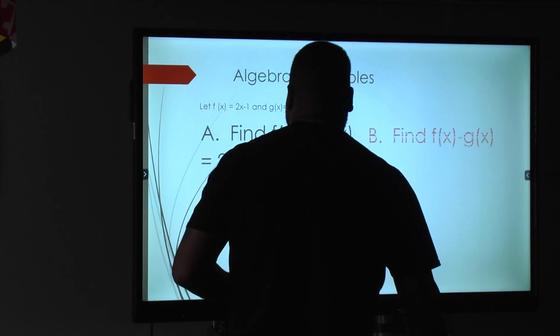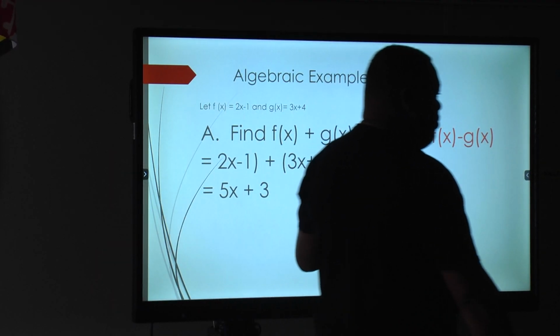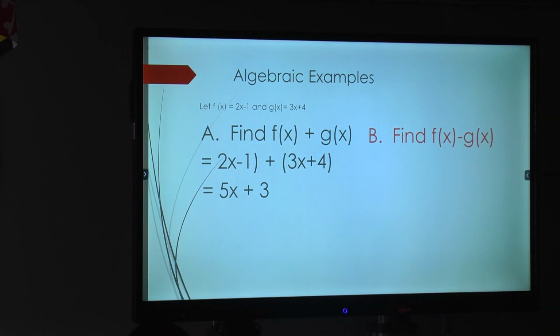Okay, now for B, what operation are we looking for? Subtraction. So we're going to do the same thing: substitute it in, and this time subtract. So right here, I have my 2x minus 1 minus 3x plus 4.